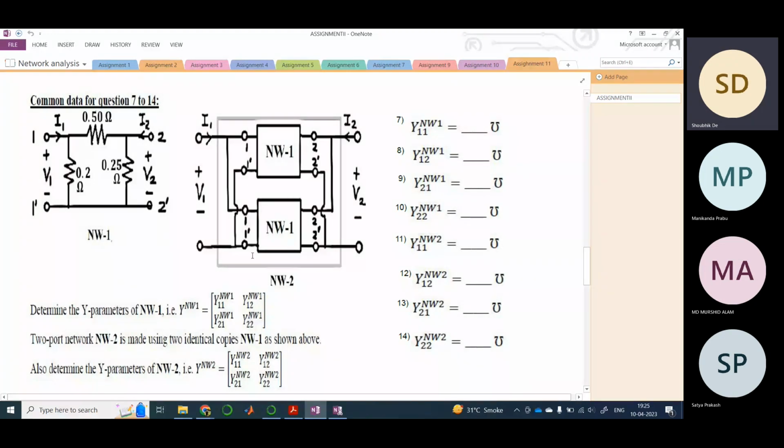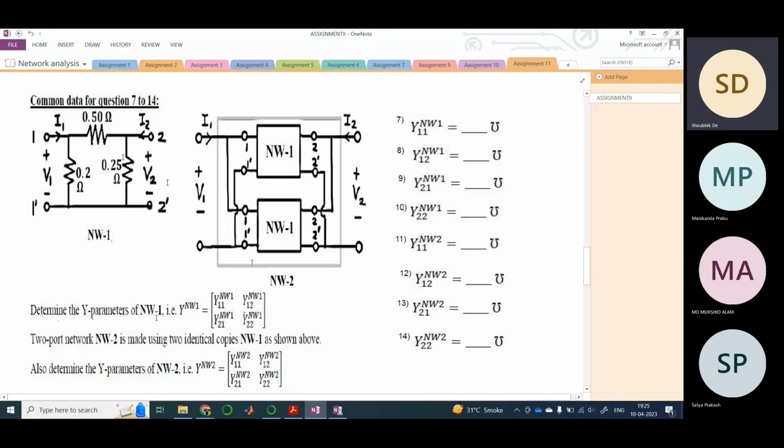The first set of questions, 7 to 10, is easy because they have told us to determine the y parameter of network one. We just need to apply v1 equals 0, v2 equals 0, and then determine y11, y12, y21 and y22.